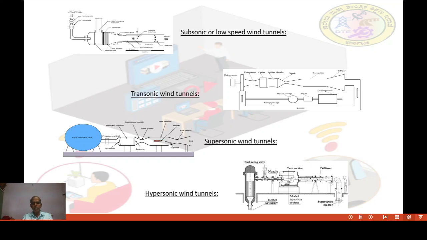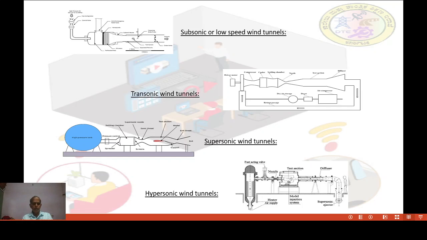After that, the test section is there. It is a straight portion. Here, turbulent air becomes streamlined flow in the test section. Again, a diffuser is there. Here it is less restricted, like an outlet. The outlet again is connected to the inlet of the compressor.